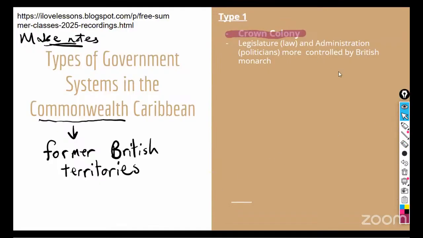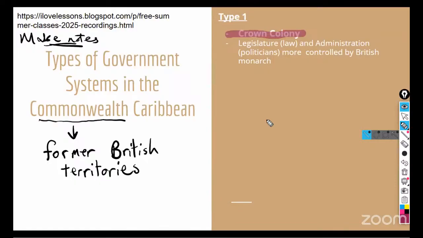What that means is that their legal system, their legislature, which we will explain later on, but basically that's the mechanism they have for creating laws, and their administration, so that means the politicians, who are supposed to be administrators who perform jobs and functions for the people, are under more control by the British monarch.